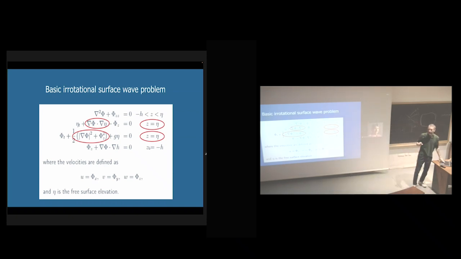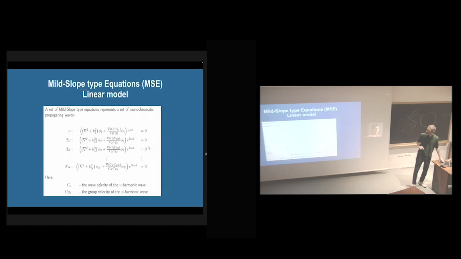So even just the first one, what are the quadratic interactions doing? We first have a linear system, and we make a Fourier series and say every component propagates like the known, first-class marine engineering solution for water waves, propagating on a flat bottom.